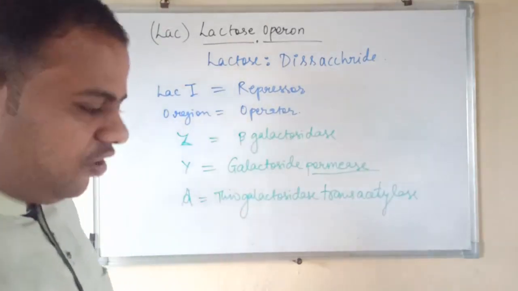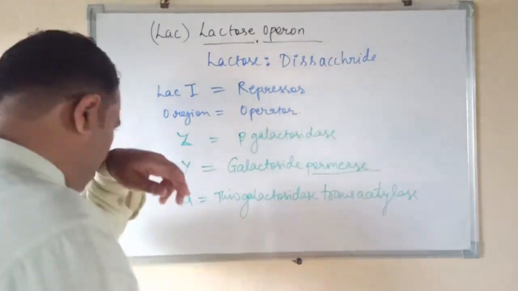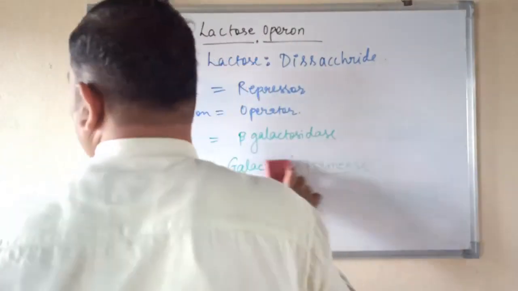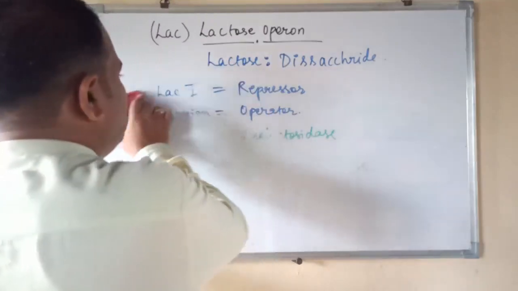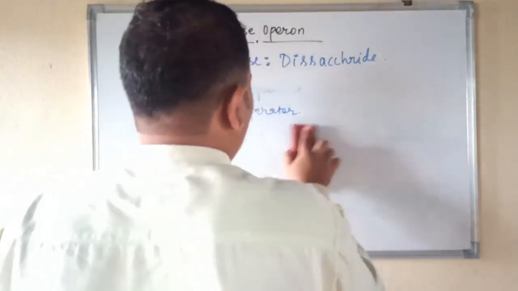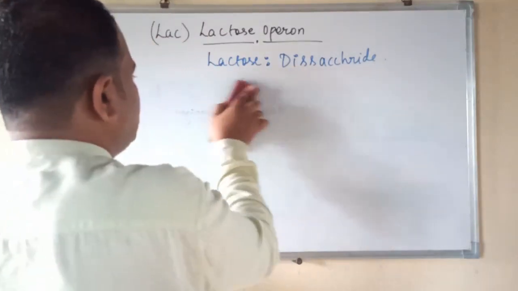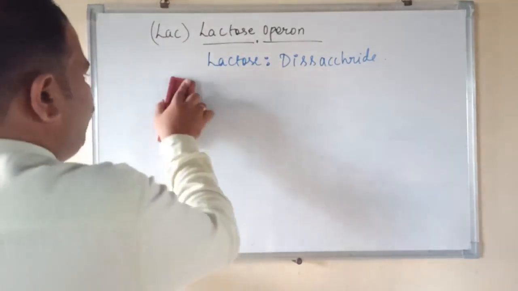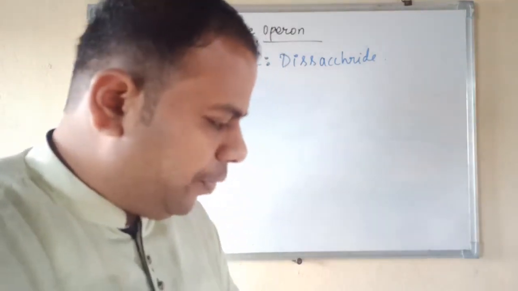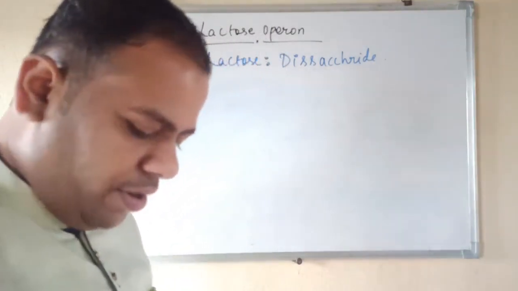Let's first see the structure of the lactose operon, and then I'll explain all the details regarding this operon. Generally there are three operator regions, that is, three different regions are present in the Lac Operon for operators. Let's see the regions one by one.